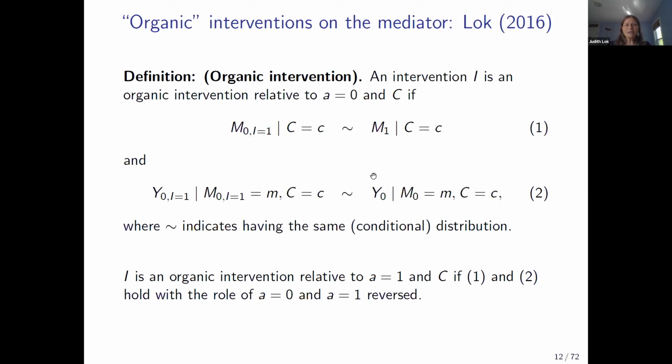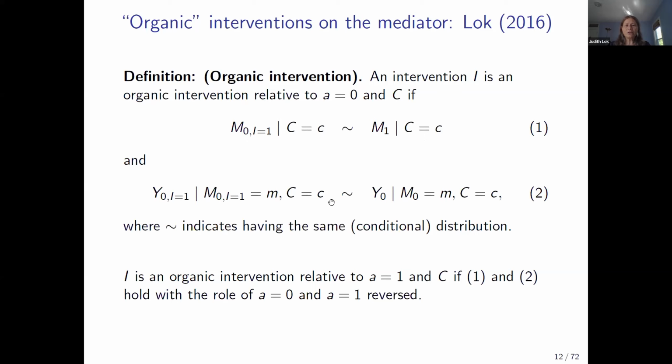An organic intervention is a specific type of such an intervention, and it satisfies two conditions. An intervention I is an organic intervention relative to A is equal to 0 and the common causes C if, given C, the mediator distribution without treatment but combined with the intervention on the mediator makes the distribution of the mediator resemble the distribution of the mediator under treatment.